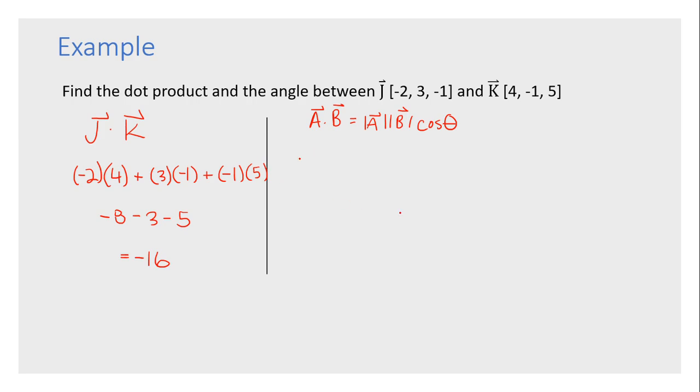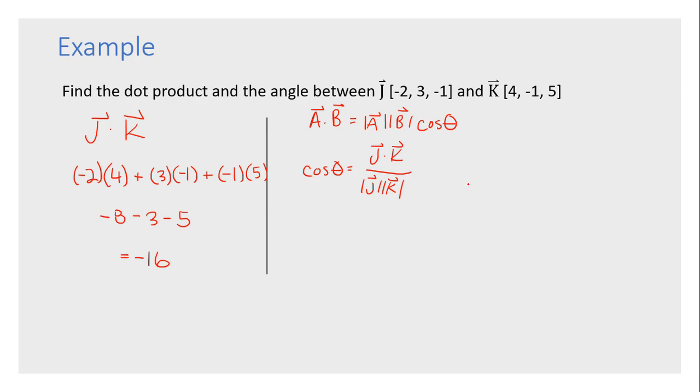So in this case, I'm going to be looking at cos theta equals the dot product of j and k divided by the magnitude of j times the magnitude of k. Now that's pretty hideous, but it'll work out.